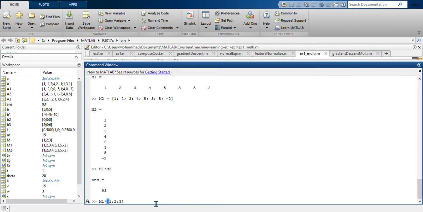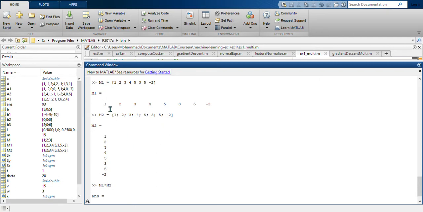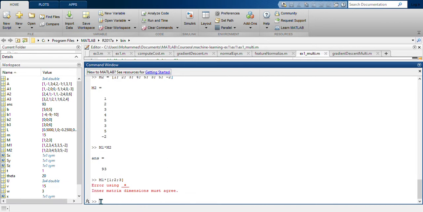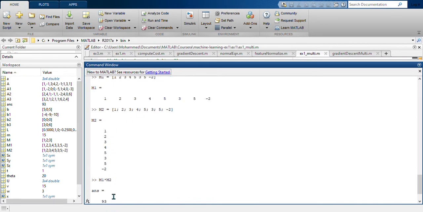If you notice, m1 has how many numbers? 1, 2, 3, 4, 5, 6, 7, 8 numbers. So it has 8 columns and 1 row, and I'm multiplying that with a column vector which has only 3 rows. And you see now it says there is an error in the multiplication because the dimensions must agree. That means the number of columns and the number of rows should match.